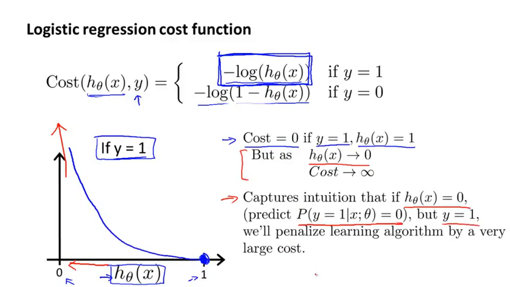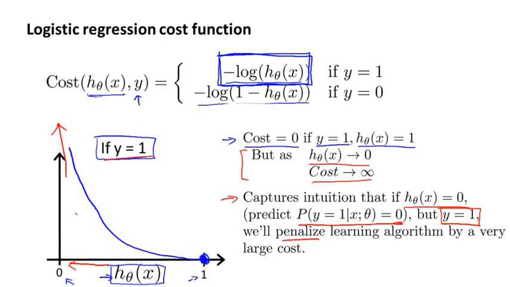So it's like absolutely impossible that your tumor is malignant. But if it turns out that the patient's tumor actually is malignant, so y is equal to 1, even after we told them that it's absolutely impossible, then if we told them this with that level of certainty and we turn out to be wrong, we penalize the learning algorithm by a very, very large cost. And that's captured by having this cost go to infinity if y equals 1 and h of x approaches 0.